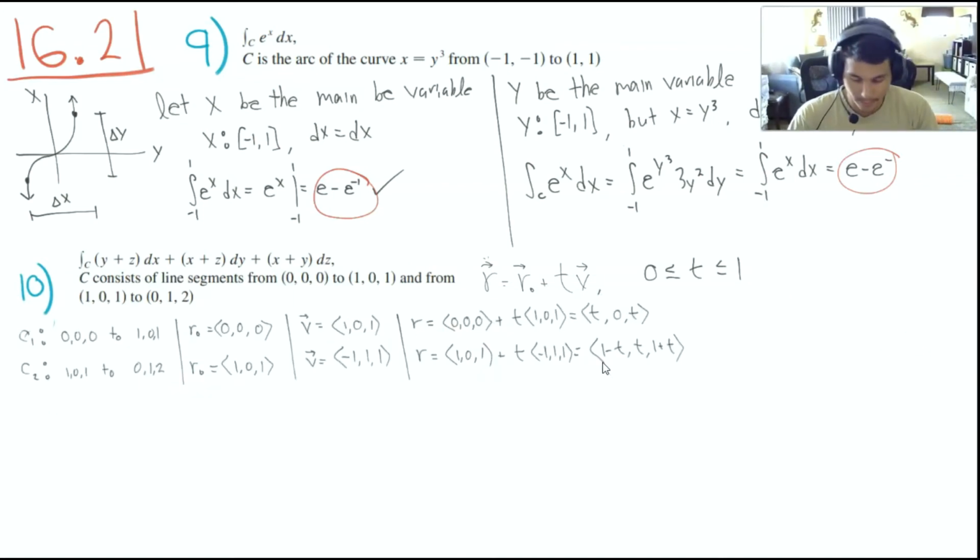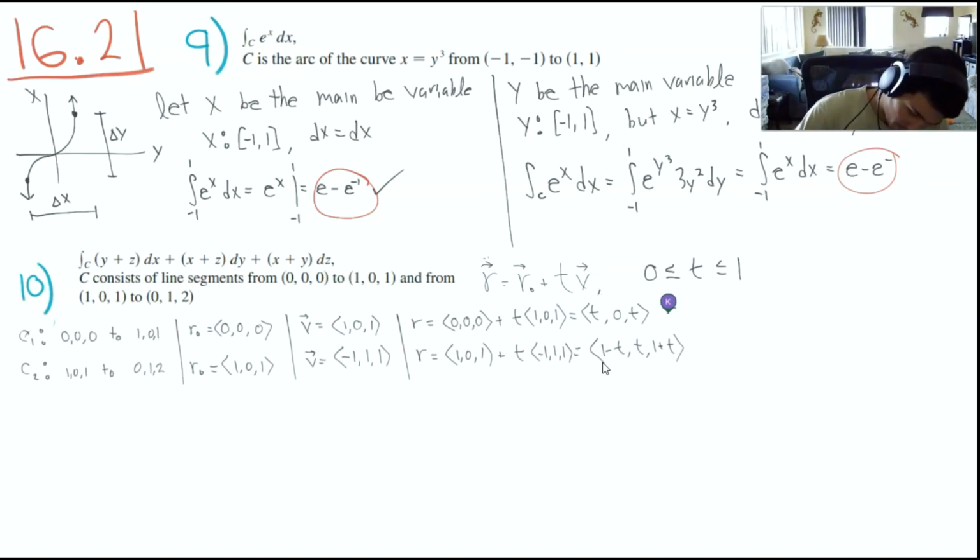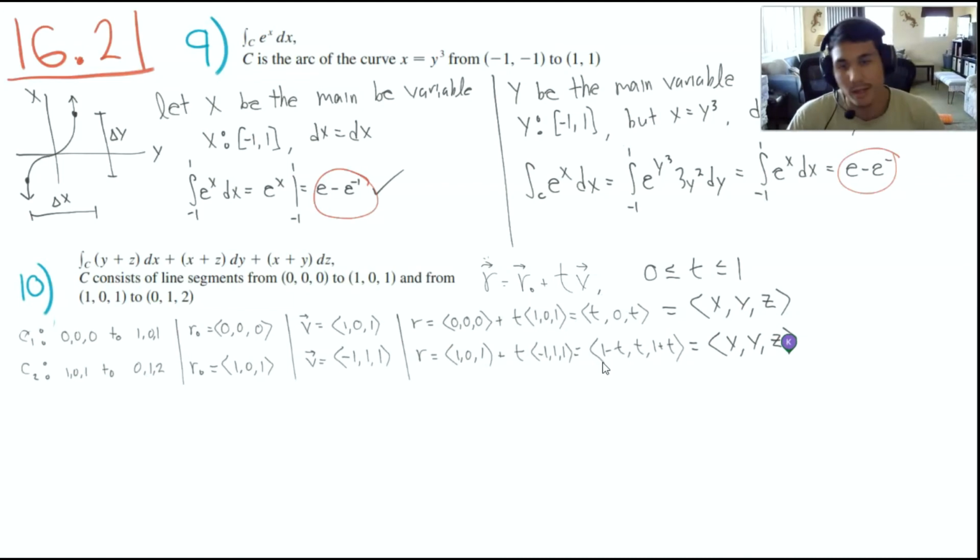Okay, and this is true. This is x, y, z, and this is x, y, z. Please note that these are different curves. It's not like x is equal to t and x is also equal to 1 minus t. In this case, x is equal to t, and in this case, x is equal to 1 minus t.